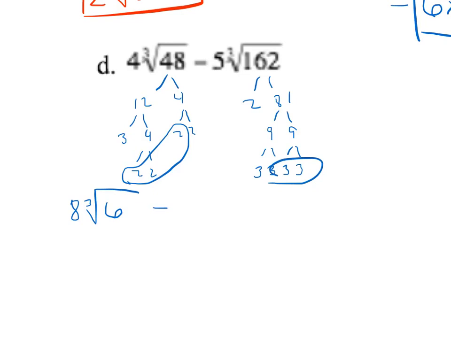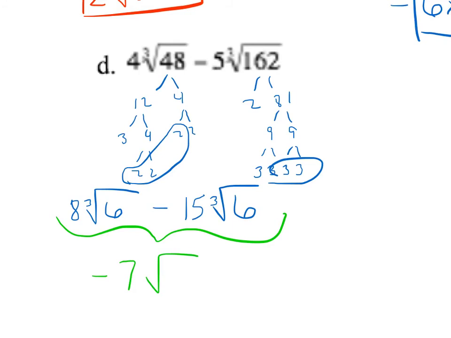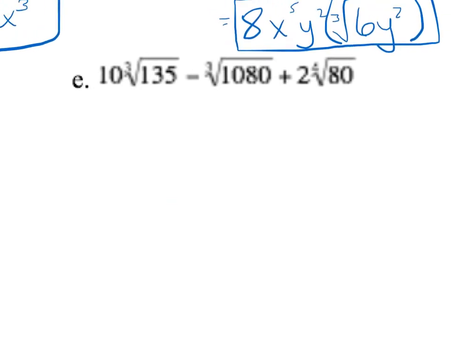Okay, we have a group of 3 right there. All right, we have like terms. So these are going to be negative 7 cube root of 6. All right, I'm going to break down each of these.